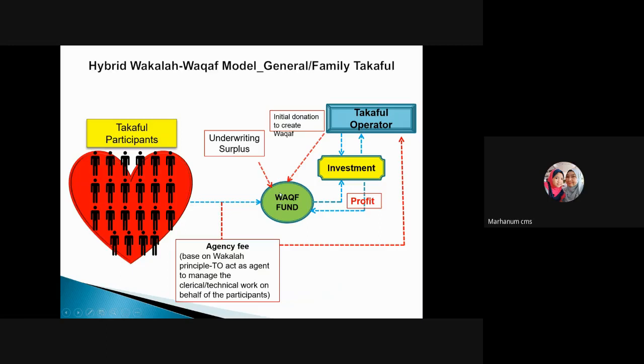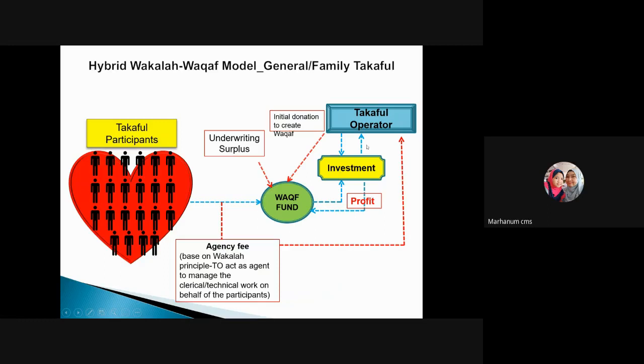The 100k will be invested by the takaful operator. Let's say the principal is 100k and the investment profit is 50k. Only the 50k can be utilized to help the needy. And the needy here, based on the pure or original wakaf principle, are not necessarily among the participants. It can be the public. So it will be risky if it is adopted in takaful.